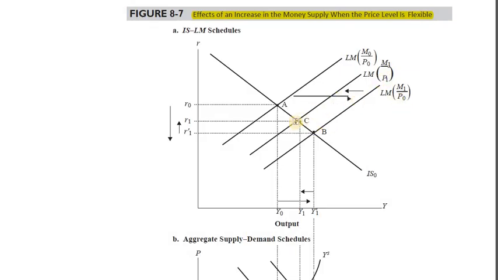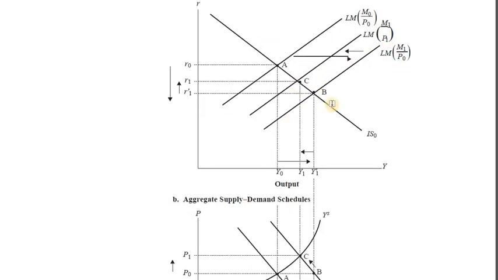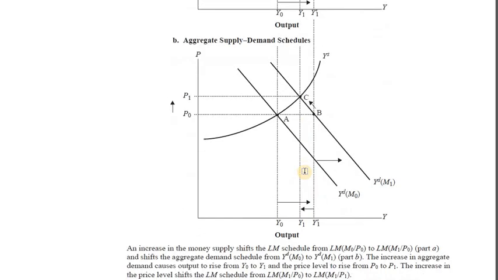So it shifts leftwards, and that's how it cuts the given IS curve at point C, and that's how in the upper portion again we have output at Y1, and in the lower portion also we have output at Y1, which is lesser than what we saw in the original figure, wherein the aggregate supply curve was perfectly horizontal. But now it's upward sloping, so yes, there is less increase in the output.